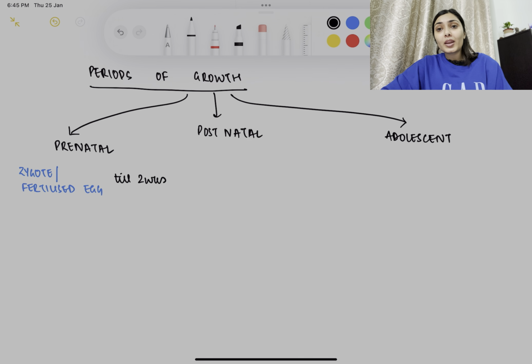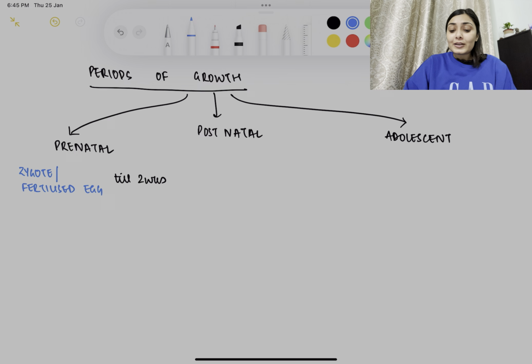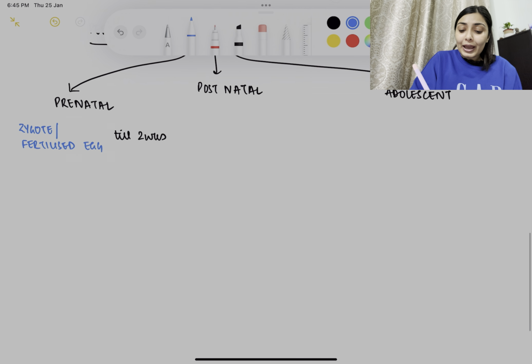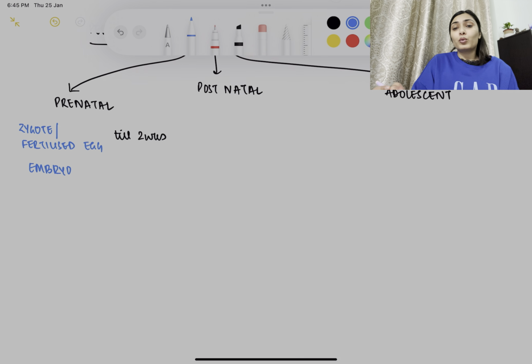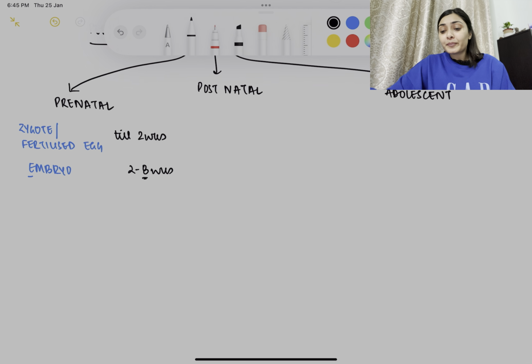After that, the baby is labeled as an embryo. Embryo is the term used from 2 to 8 weeks. E for embryo, E for 8.